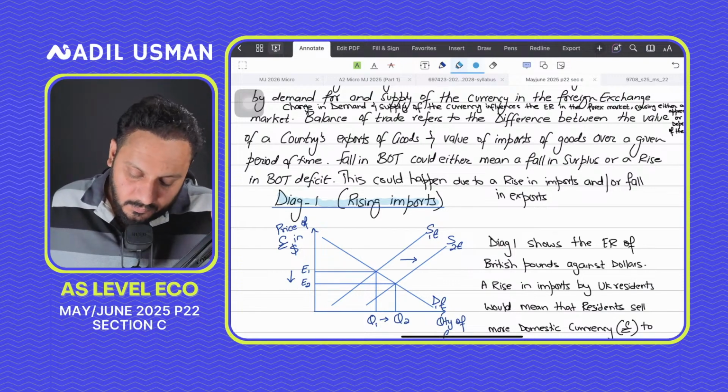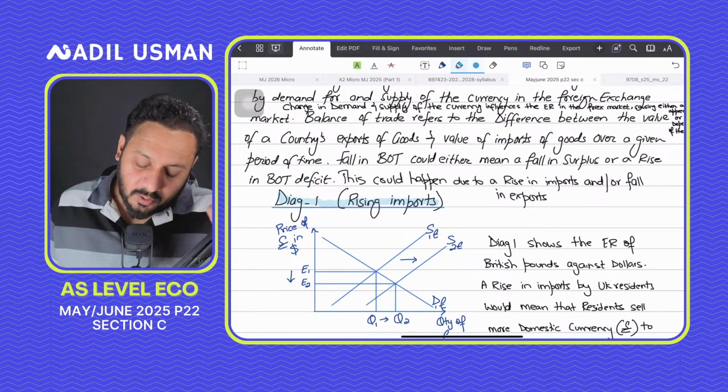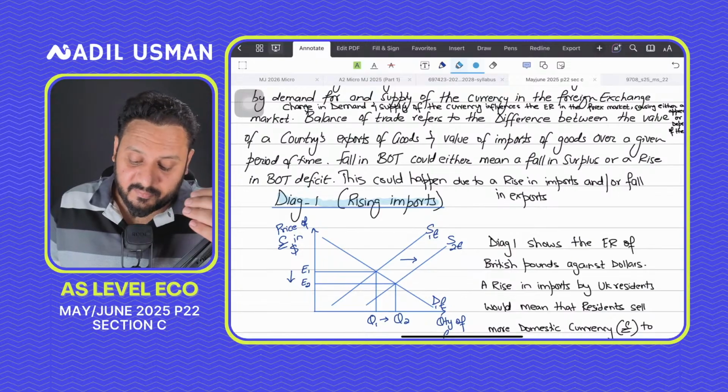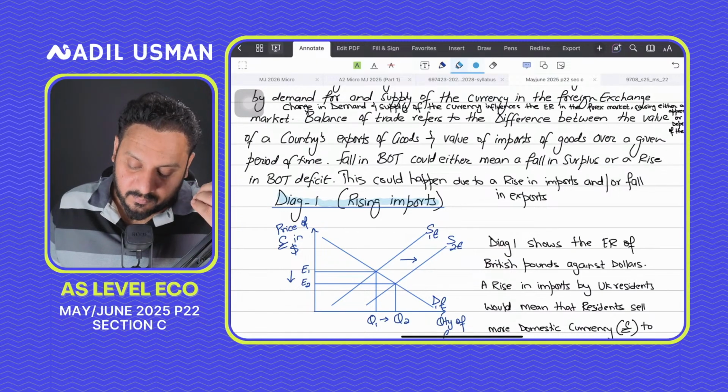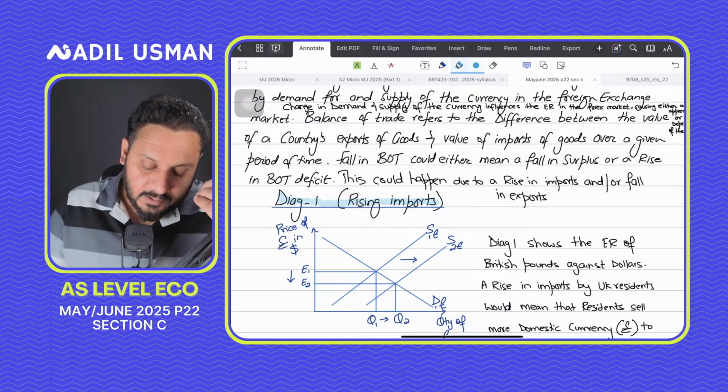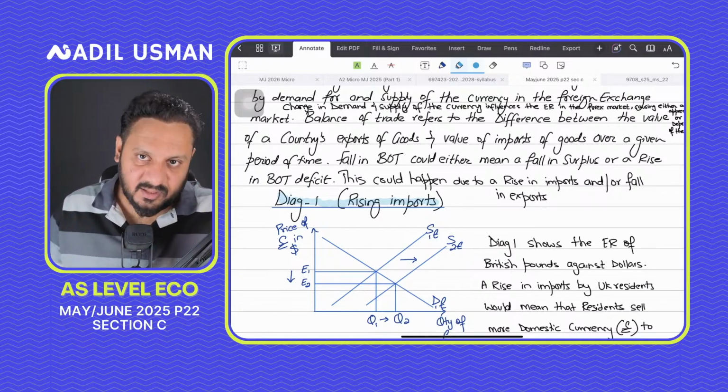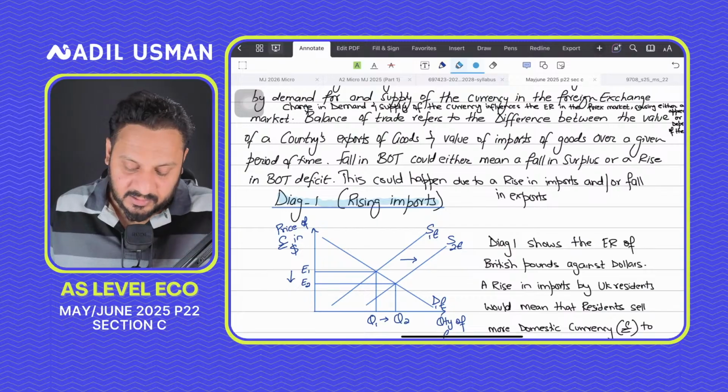So what you say is that, on the other hand, a low relative interest rate may cause hot money outflows and it may cause currency depreciation. But what you need to talk about is that these hot money flows are basically called financial flows. They appear in the financial account of the BOP.